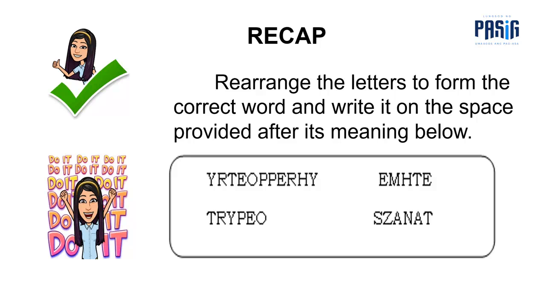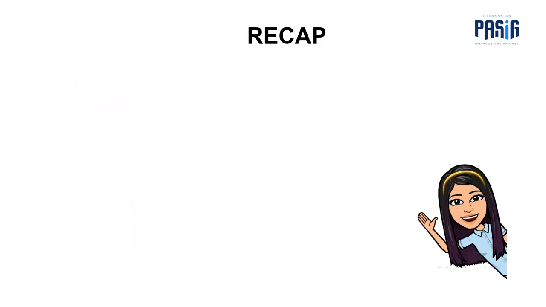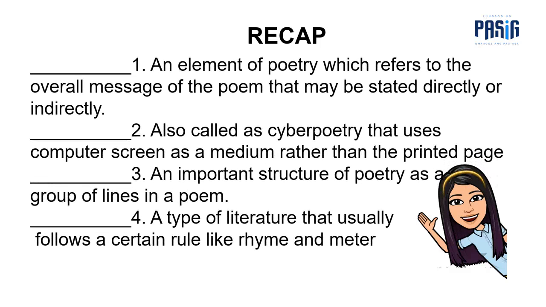Now, this time, find the meaning of these words. Number 1. An element of poetry which refers to the overall message of the poem that may be stated directly or indirectly. Number 2. Also called cyber poetry, that uses computer screen as a medium rather than the printed page.